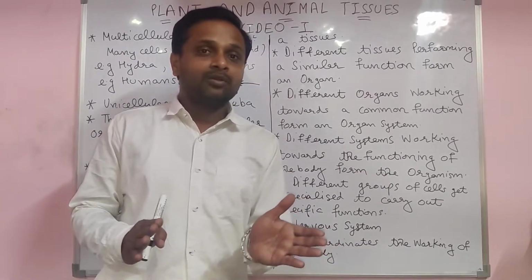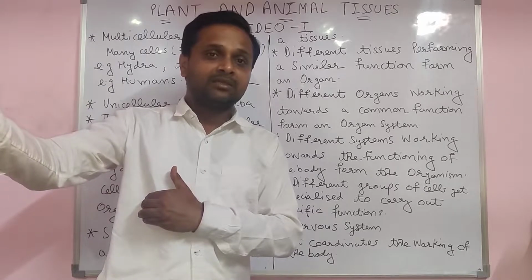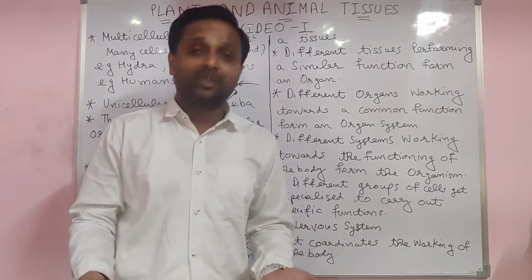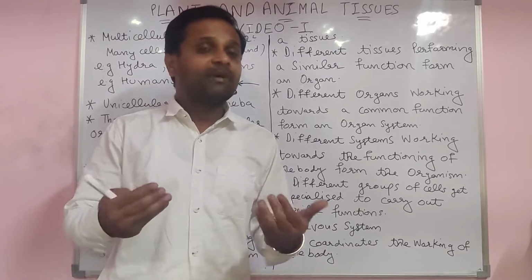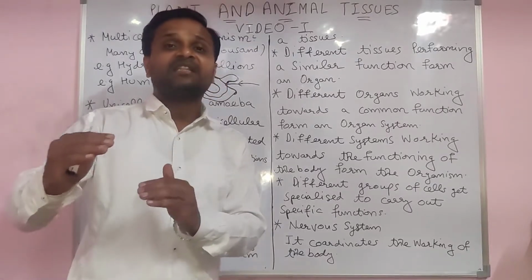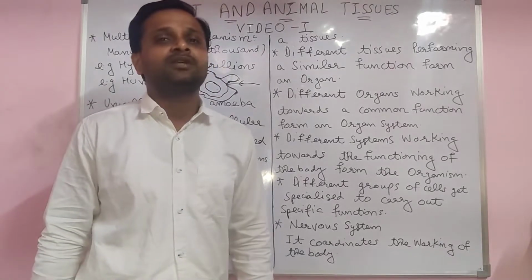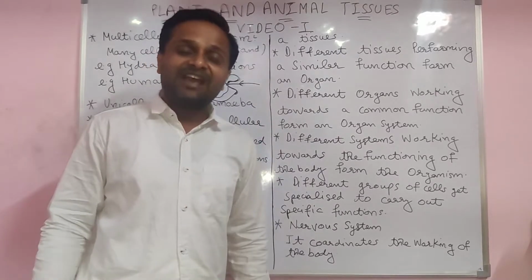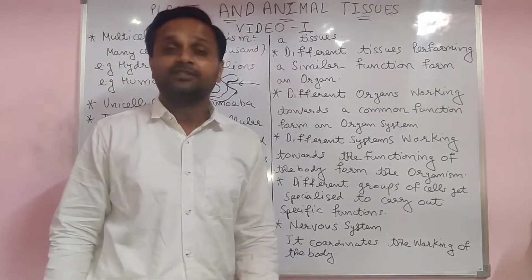Father goes for business, for money, and gives you a good education, students. He spends a lot of money for you only. So every person in the family has their specific function. Same in our body, every cell has its specific function.